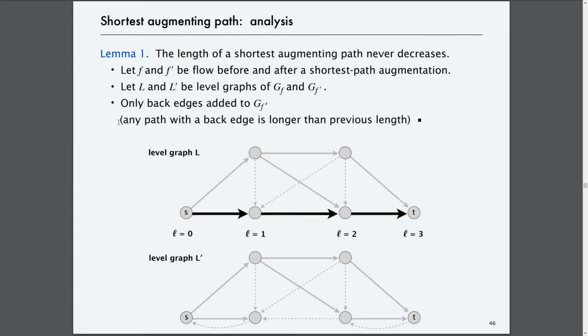So we add back edges to the graph after the augmentation. And then if you have any path with a back edge, it's going to be longer than the path you had before adding this. So you're going to increase the length of the shortest path here.